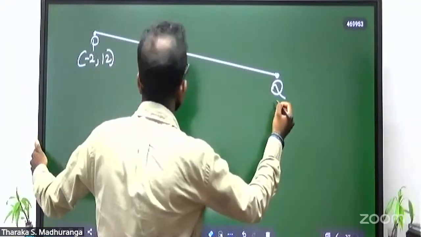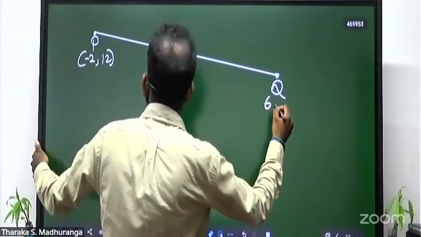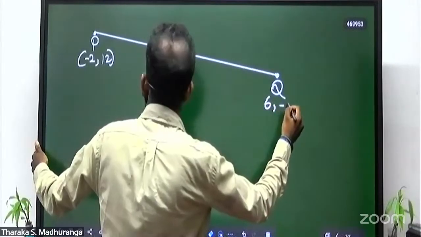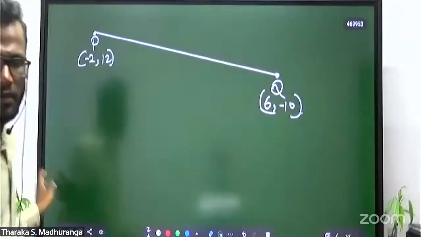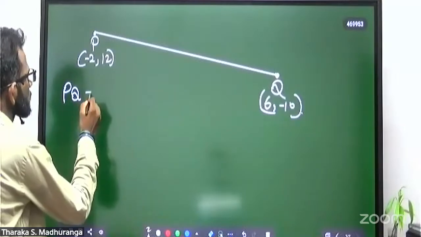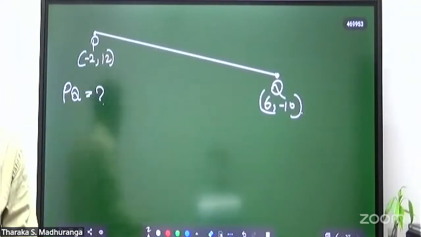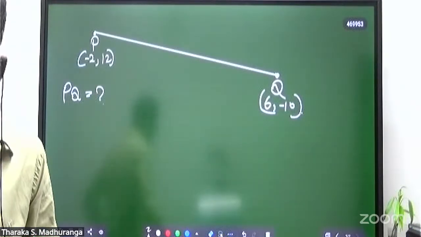The Q point coordinates are 6 and -10. What is the length of PQ? Calculate and send me answers.